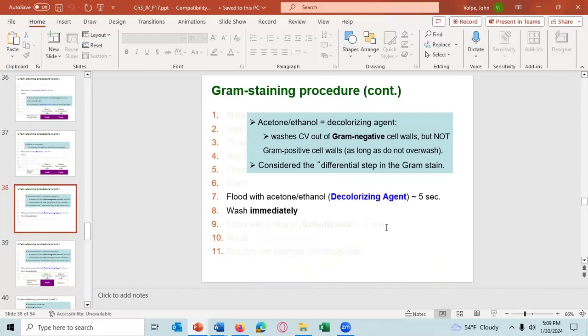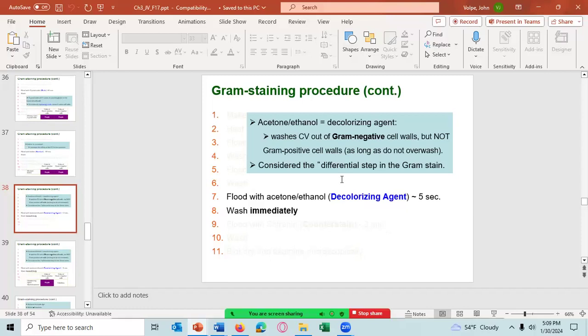All three of these are decolorizing agents. The only difference is the alcohol, you apply it for longer than you do the other decolorizing agents, because the alcohol isn't quite as good at decolorizing the cells as the acetone alcohol or the acid alcohol.